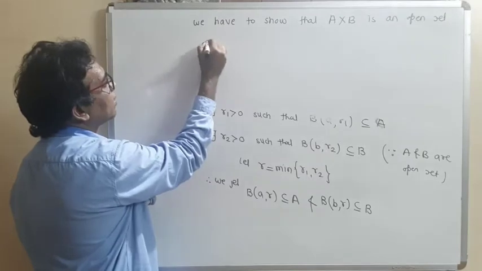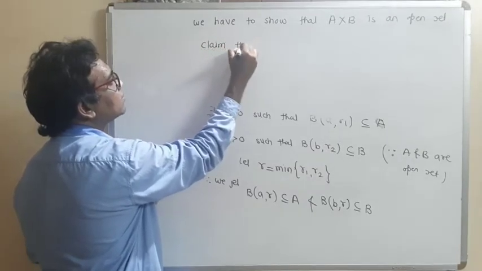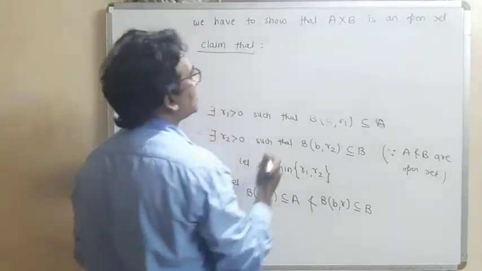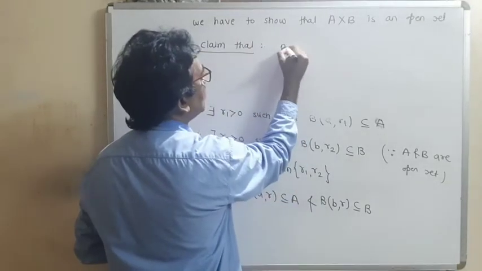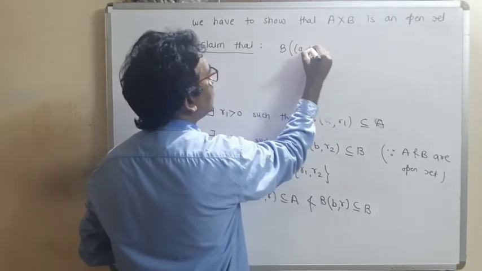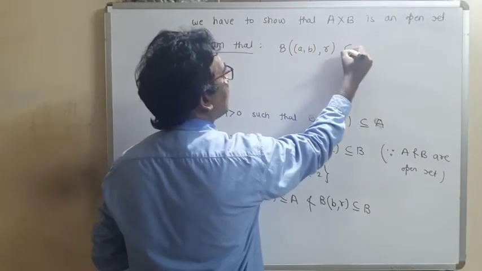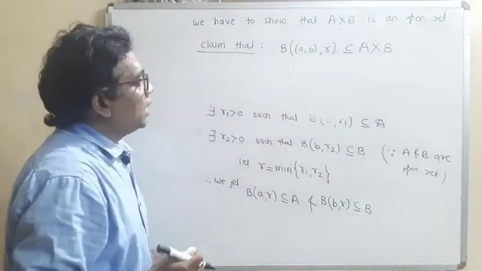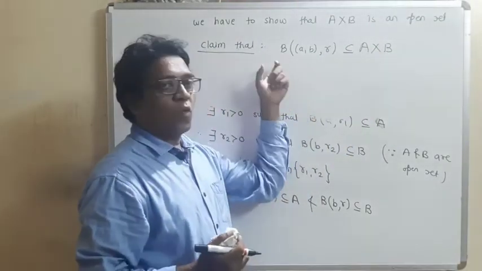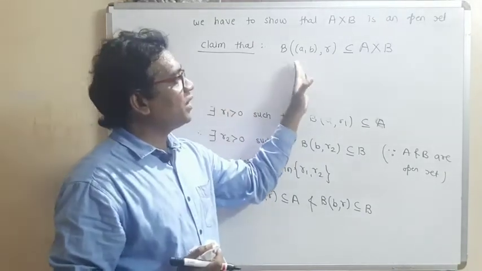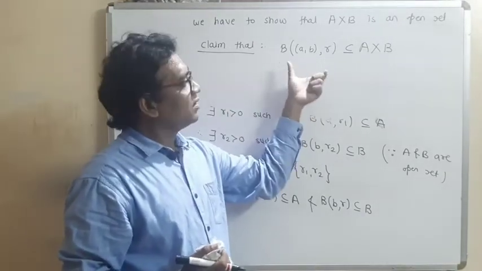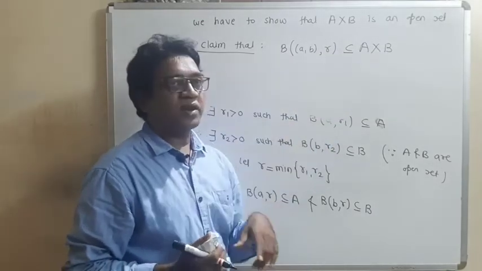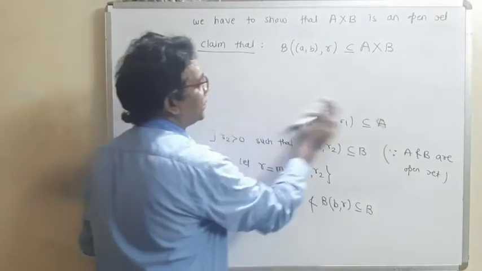Claim: now we want to show this step. Show that the open sphere B with center at (a, b) and radius r is contained in A cross B. If we find the open sphere B with center at (a, b) and radius r and prove that this open sphere is a subset of A cross B, then and only then can we say that A cross B is an open set.